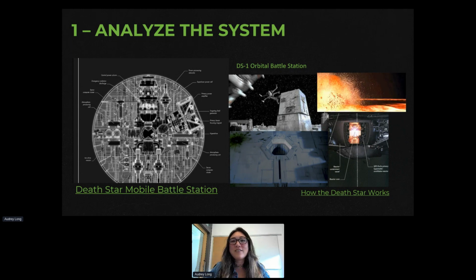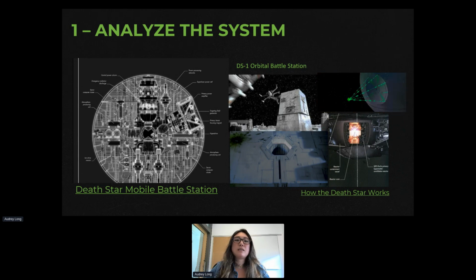So at a very high level, the Death Star is made out of 4 major components: the battle station, the super laser, the propulsion system, and the hypermatter reactor that powers it all. So let's take a very high level look at these components.